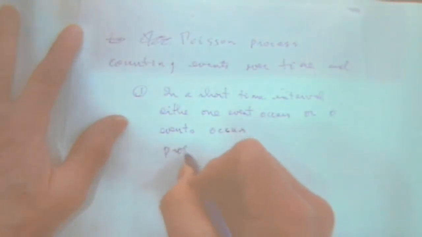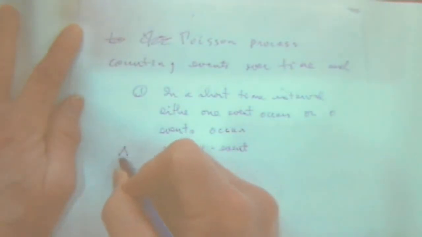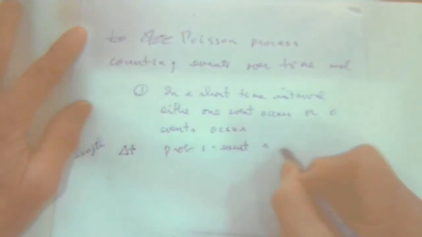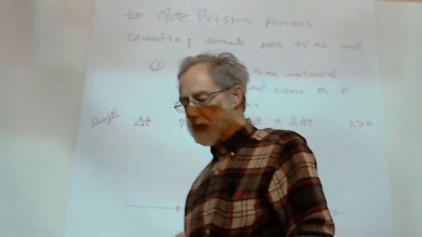Let's say the time interval is length delta t. The probability of 1 event is proportional to the length of that interval, lambda times delta t. It's a probability because you can make delta t as small as you want, no matter how big lambda is. So it makes sense.